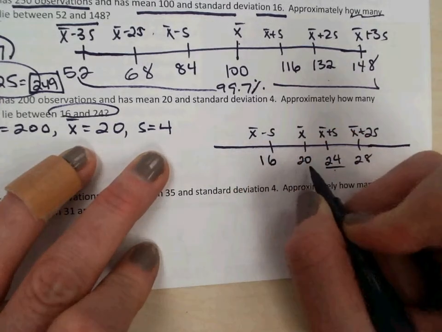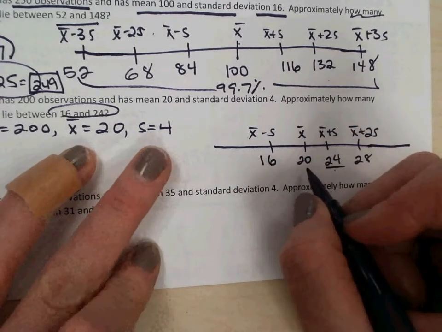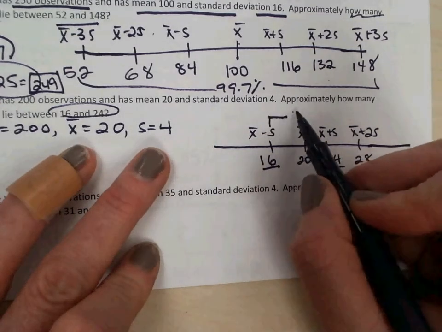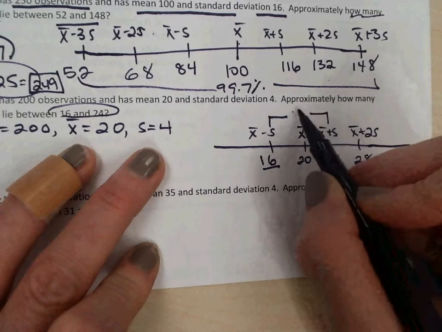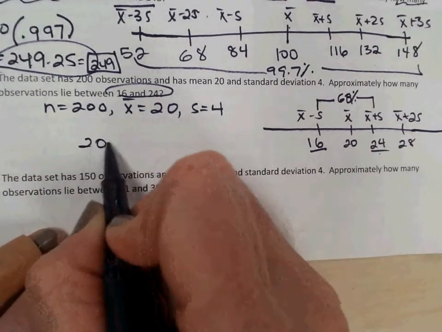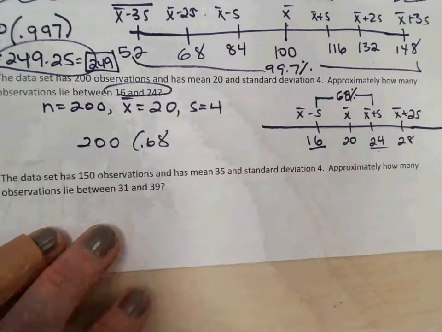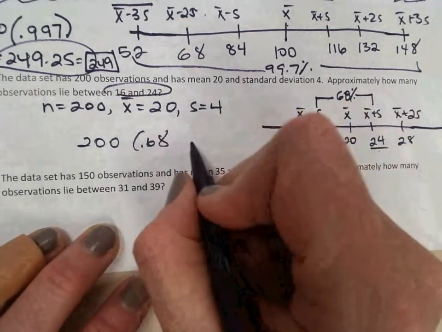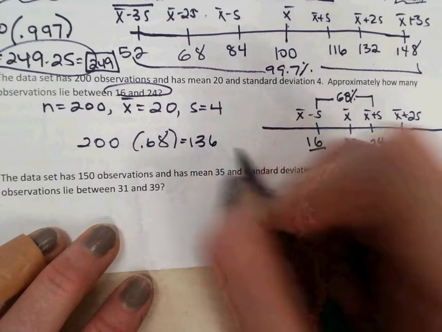X bar minus s, or sorry, minus 4: 20 minus 4 is 16. So that's within one standard deviation, or 68% of the data. We multiply 200 times 0.68, which is 136.